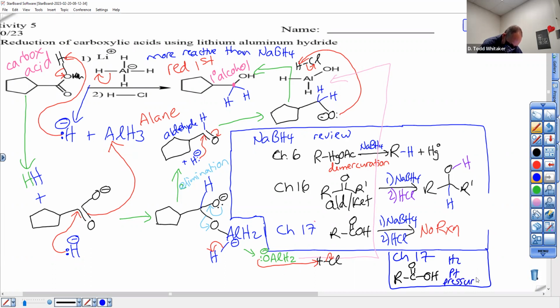That's how resistant carboxylic acids are to reduction. So you're down to only one candidate for any reduction of a carboxylic acid. Lithium aluminum hydride, HCl. Nothing else is going to work for you. And that's good to know. And it's good to go.